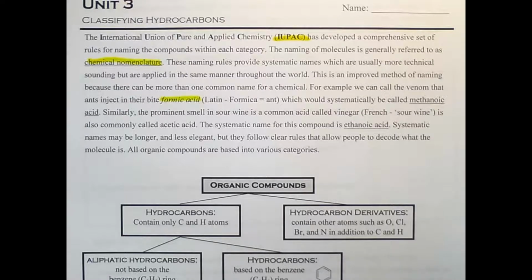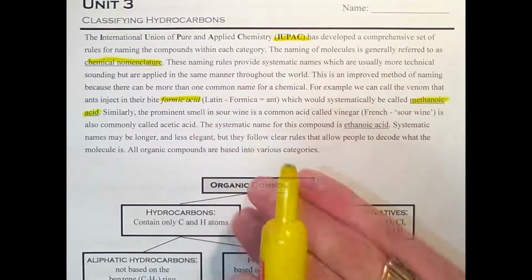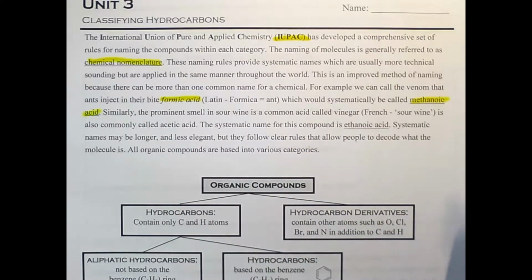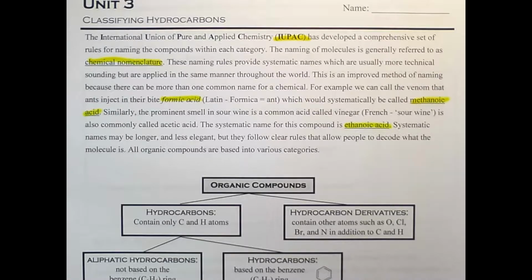Formic acid is based on insect venom, but using the IUPAC rules, so we always are treating the molecules in the same way, this would actually be called methanoic acid. There's nothing wrong with common names as long as the people you are communicating with understand what those common names refer to. Similarly, acetic acid or vinegar would be called ethanoic acid through IUPAC names.